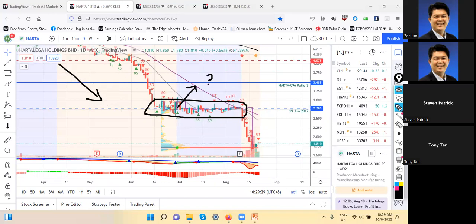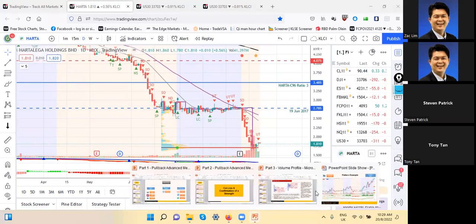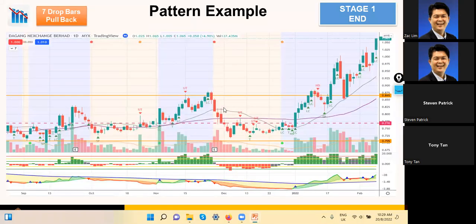That's why, in the beginning slide that I showed you, before applying this 7 drop bar, we need to be in a bull market. The concept is you need to have a bull market first.